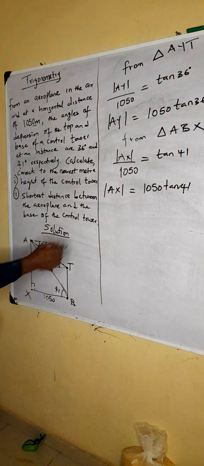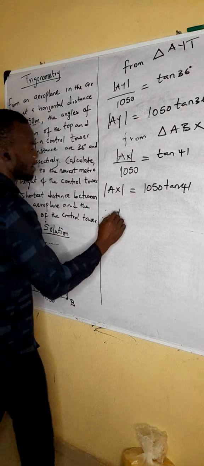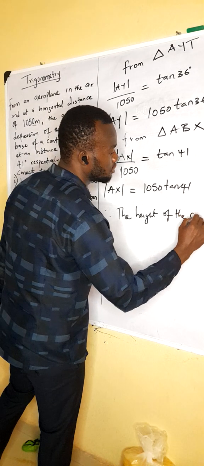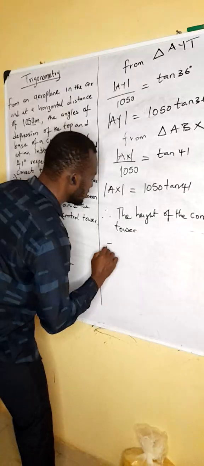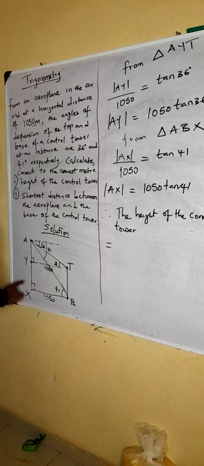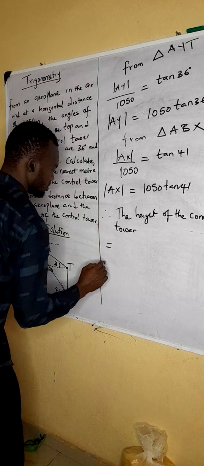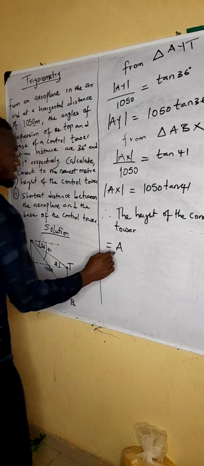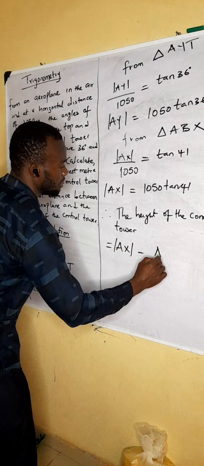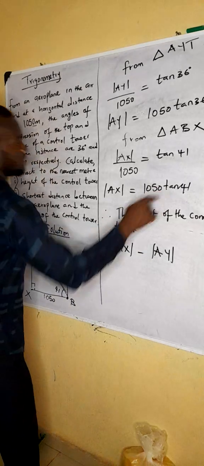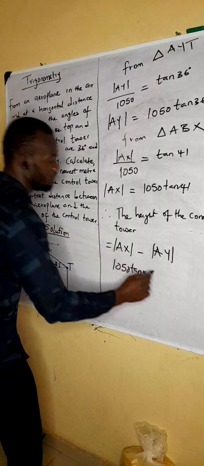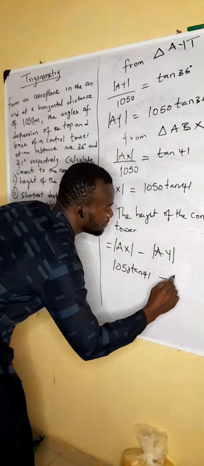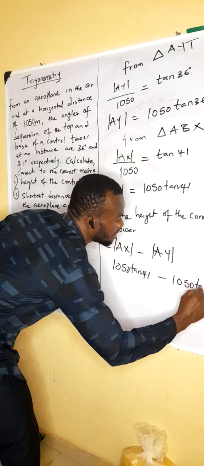Now, therefore, the height of the control tower will be gotten by doing the distance from A to X minus the distance from A to Y. A to X is 1050 tan 41, I didn't just want to get the value, minus 1050 tan 36.